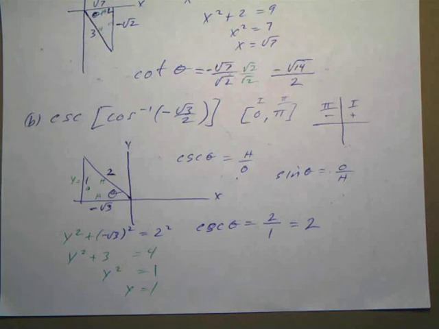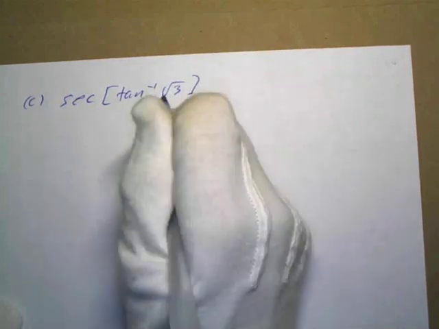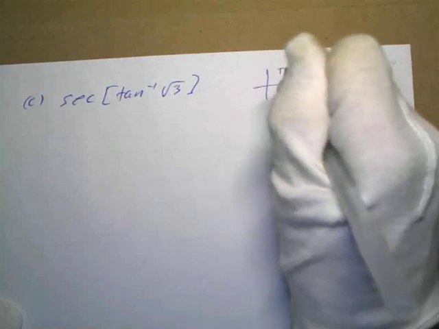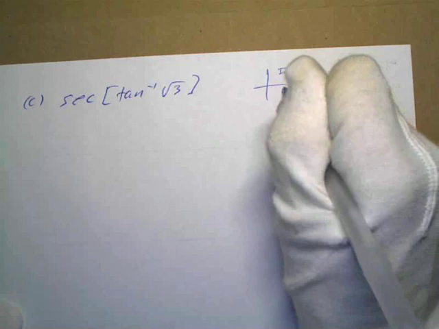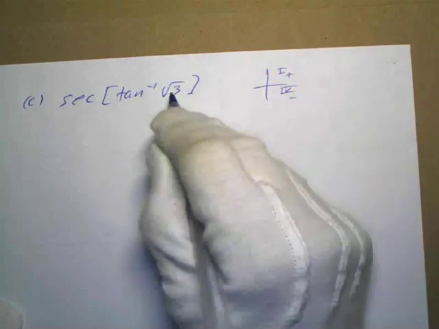And this is going to be C. So the secant of the angle whose tangent is the square root of 3. So this is positive, so we know the inverse tangent is just going to be in these two quadrants, 1 and 4. Here it's positive, here it's negative. So it's got to be in the first quadrant because it's positive.